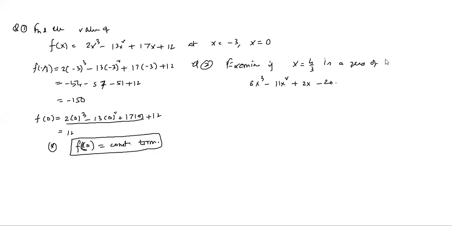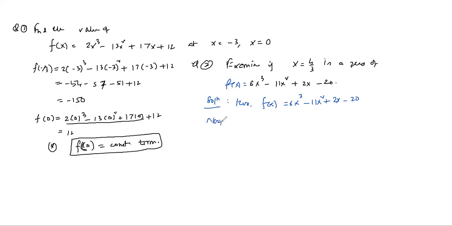You have to examine whether it is a zero of this or not. For our convenience we'll name the polynomial f(x), so f(x) is equal to 6x cubed minus 11x squared plus 2x minus 20.